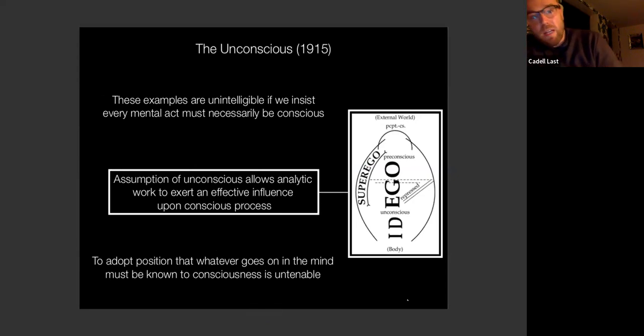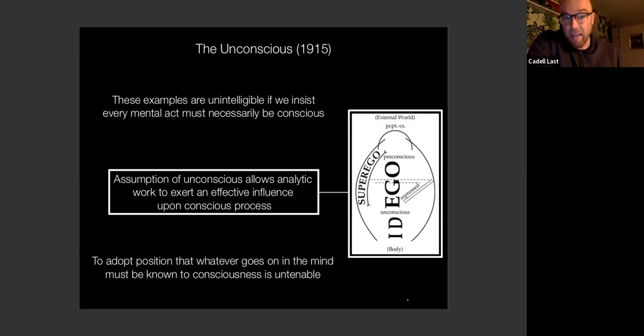These examples, he suggests, are unintelligible. We cannot make sense of these dimensions of the mind unless we insist on the fact that mental acts are not totally conscious.